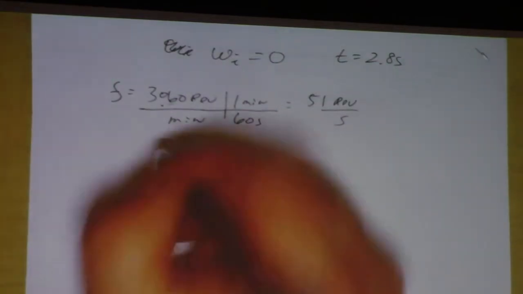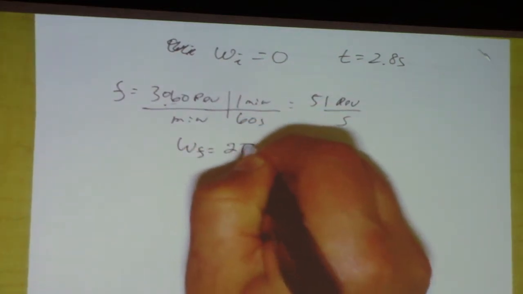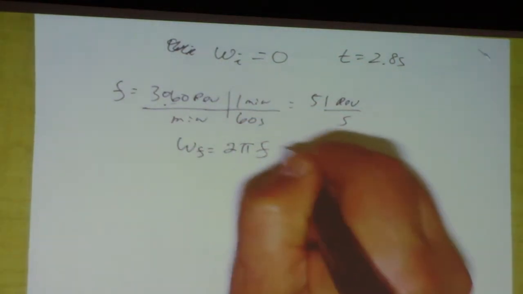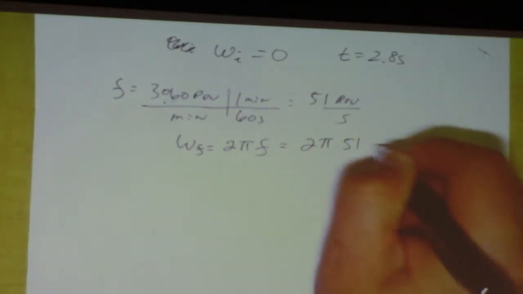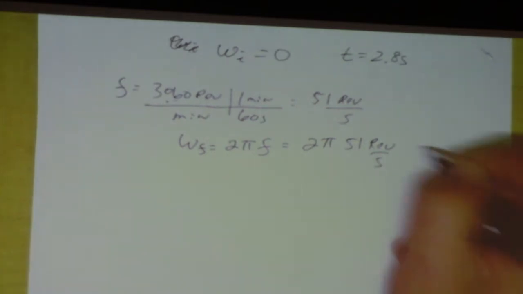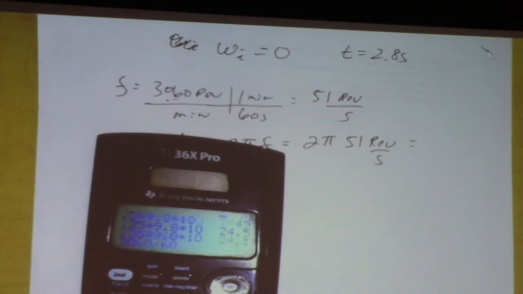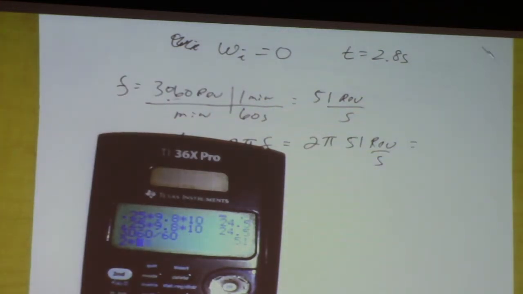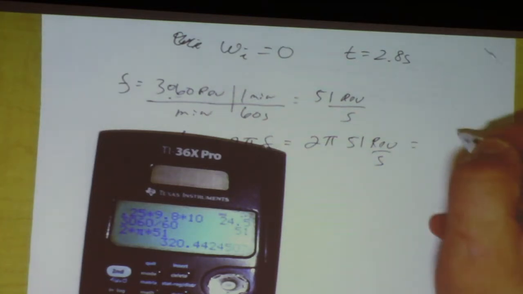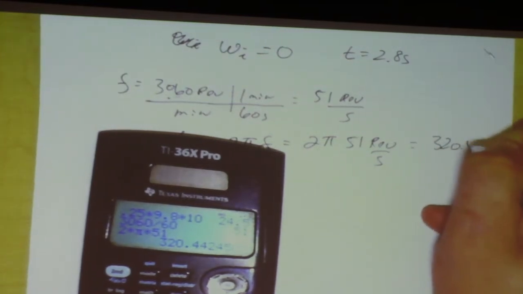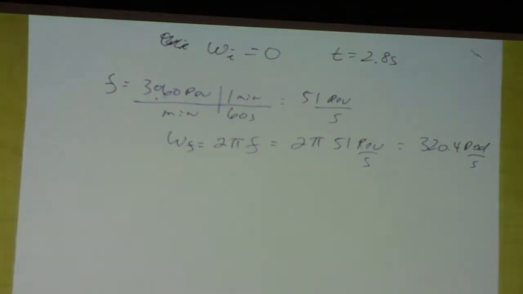The reason I'm doing that is then I can figure out the final angular velocity. This is 2 pi times the regular frequency. So 2 pi and then times 51 revolutions per second. Okay, so I'll actually do that. 2 times pi times 51, 320.4. Okay, and then that's radians per second, because it's 2 pi radians for 1 revolution.